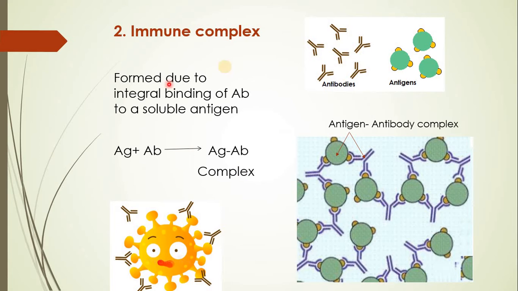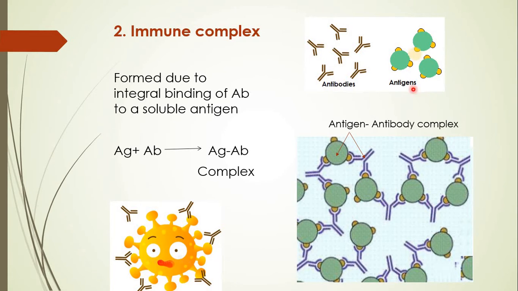So what you should remember is that for formation of the immune complex, there are two important structures which are needed. The first one is the antigen, and this antigen should be multivalent or bivalent in nature, and it should be in soluble condition.